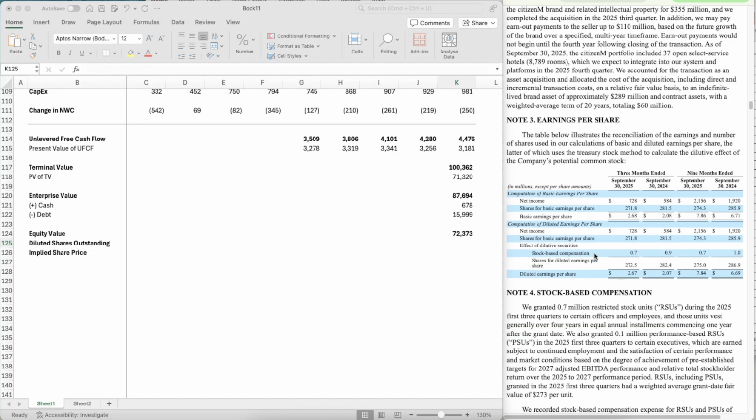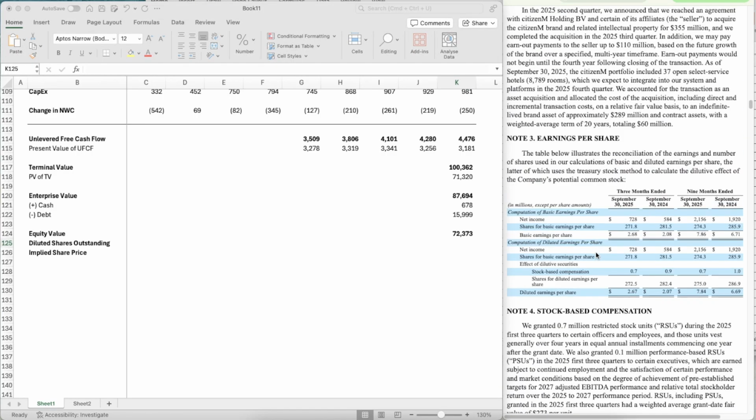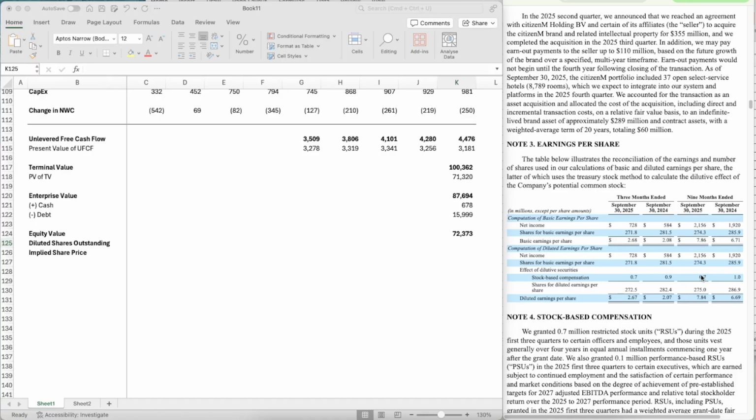We just go a few pages down onto page 8. We can see their basic share count is 274.3. But when you add in the stock-based compensation, that hasn't been taken into effect, but it could be. The diluted share count is 275. So that's the one we're looking at.